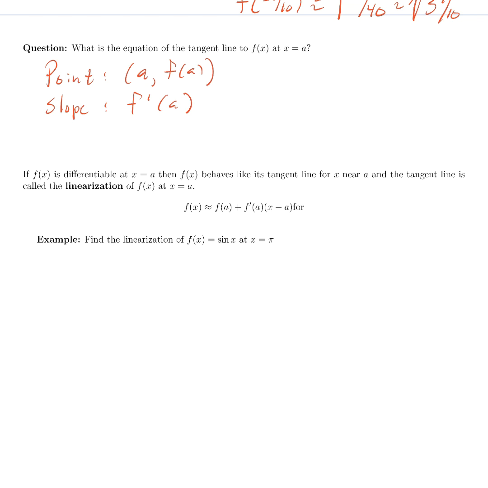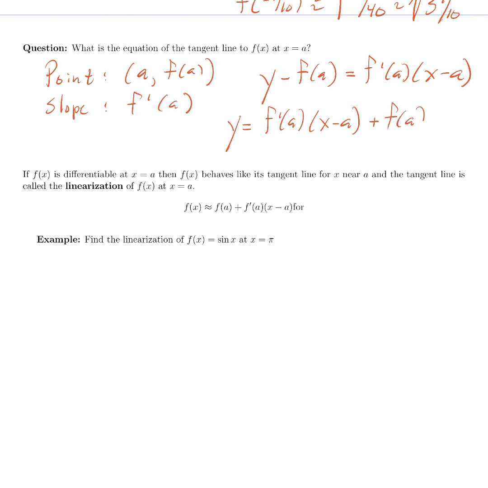The derivative evaluated at a is the slope of the tangent line. So the tangent line looks like y minus the y coordinate of the point is equal to the slope times x minus the x coordinate of the point. We could simplify that ever so slightly: y is equal to f prime of a times (x minus a) plus f of a.